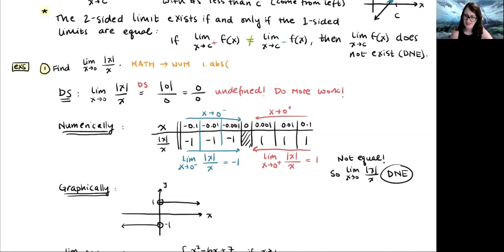And again, you can kind of see how this table looks in a graph. So we can actually put those here as well. So here's the side you would look at from the left-hand side. And then here's the side you would look at from the right-hand side.